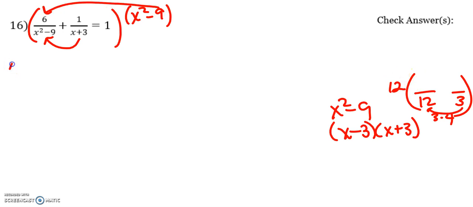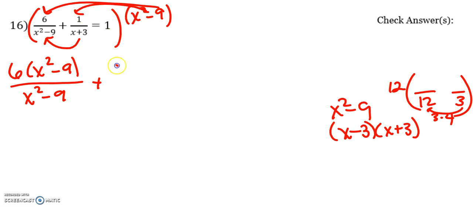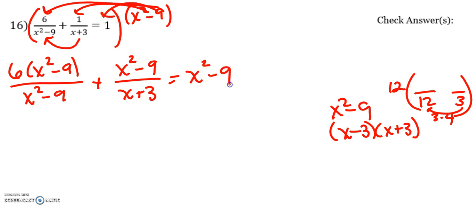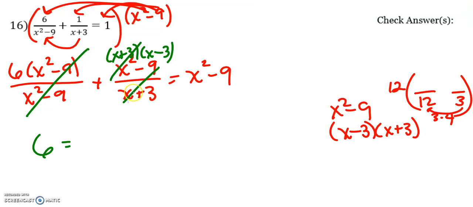Multiplying this in, I get 6 times x squared minus 9 over x squared minus 9 plus x squared minus 9 over x plus 3 equals x squared minus 9. Cancel. This would have been x plus 3, x minus 3. Cancel those. We'll end up with x minus 3 equals x squared minus 9.